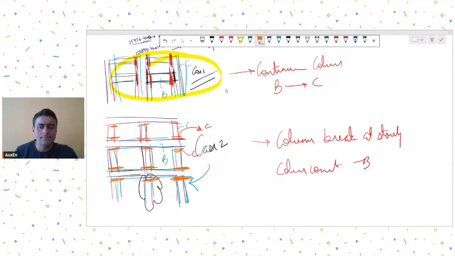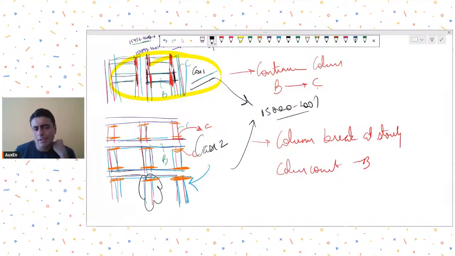There is a clause also, there is a mention in the code about these two cases. If you refer to IS 800 2007, I'm forgetting the exact section where this is mentioned, but they quite clearly say that if you are using this type of arrangement where columns are to be broken at every floor level, then considering these connections as rigid, I think your code does not allow.